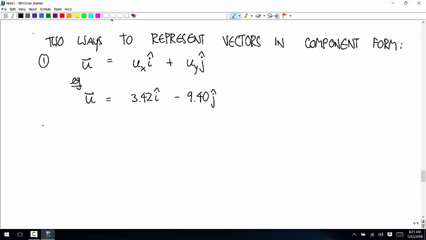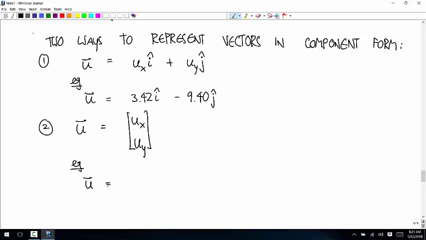And the second way to do it is U is equal to UX, UY as a column matrix, so in square brackets. So for example, U is equal to, that's the vector gong.